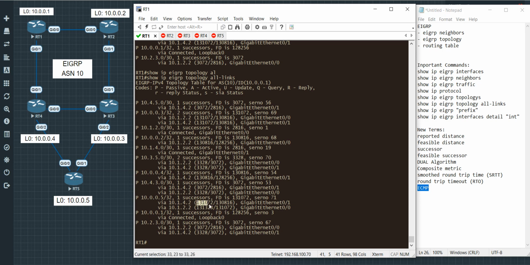So in this case, because they're both the same, it doesn't qualify to become a feasible successor. So there's only one successor.